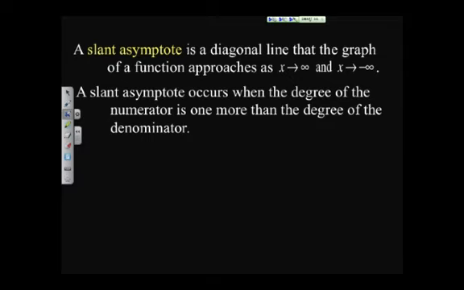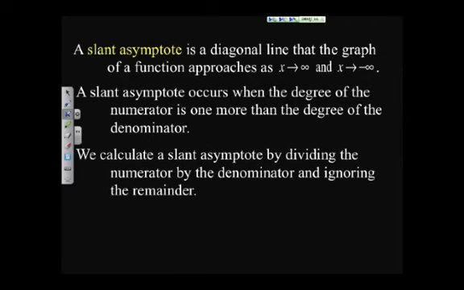That's the only time it occurs. And we calculate a slant asymptote simply by dividing the numerator by the denominator and then ignoring the remainder. The remainder ends up being the difference, or the area between the actual line and the curve that we're graphing.